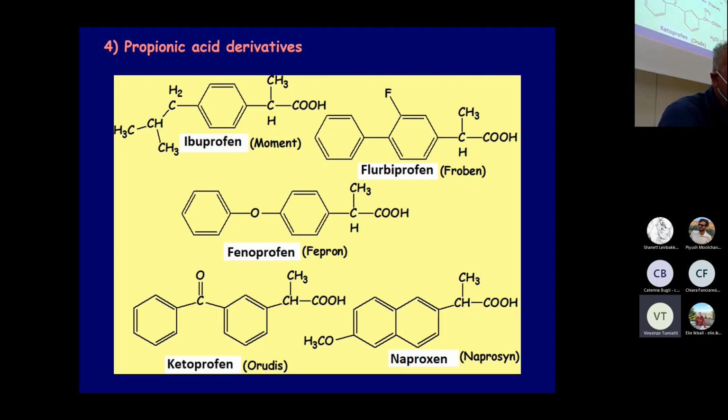So the company decided to introduce this compound in an enantiomerically pure form. So for this reason, naproxen is more expensive than the other compounds, because you have the pure enantiomer, the S form of naproxen.